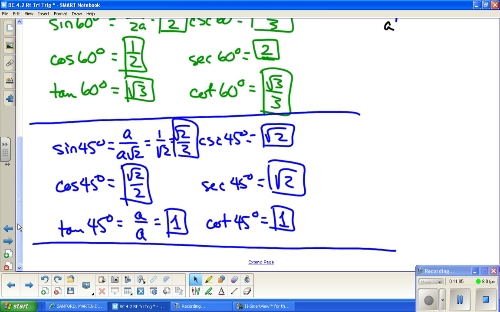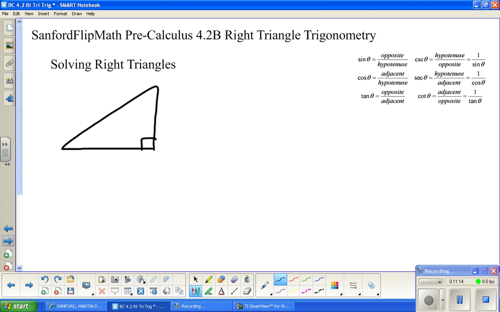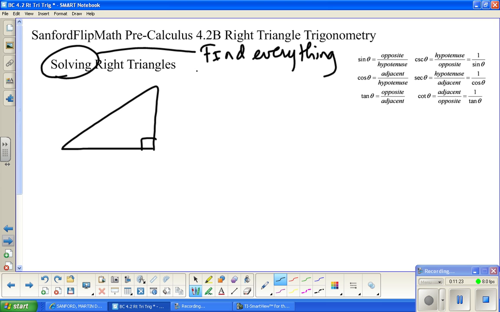Okay. All right. We need to spend a little bit of time solving right triangles. You may recall when you're solving a triangle, that basically means find everything. Okay, now let me remind you of the standard setup for labeling a right triangle.